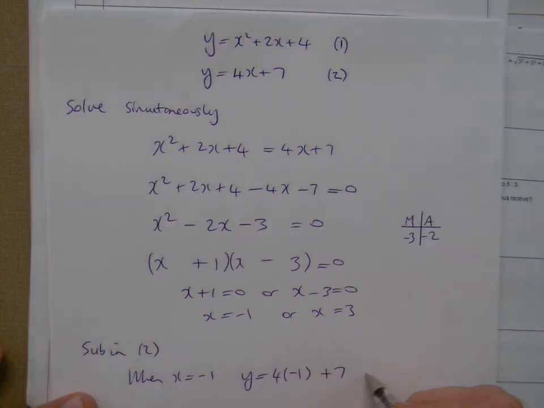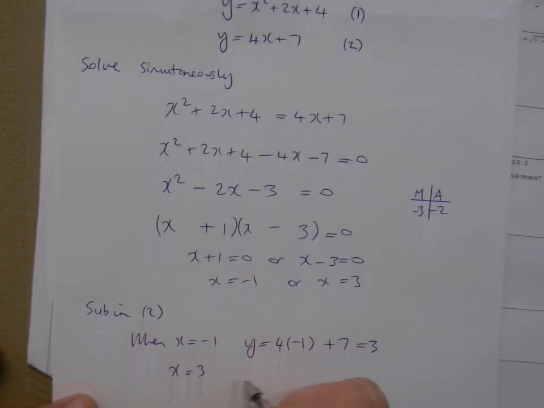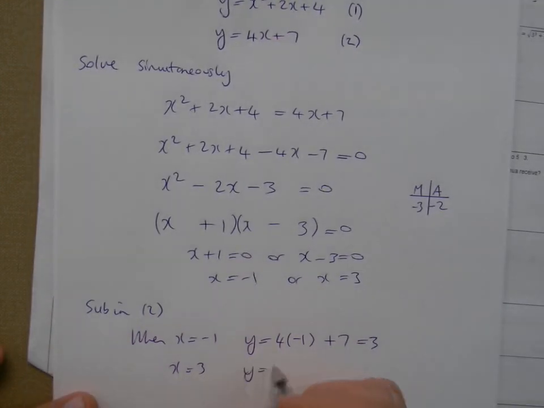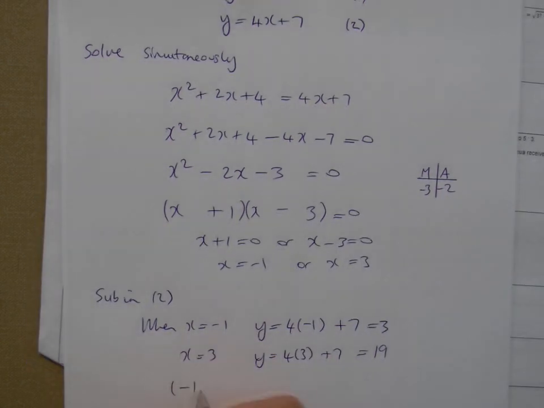If you work that out, you get 3. And then when x is equal to 3, we'll sub that in as well. y will equal 4 times 3 plus 7, and that comes out to be 19. So my 2 points are (minus 1, 3) and (3, 19).